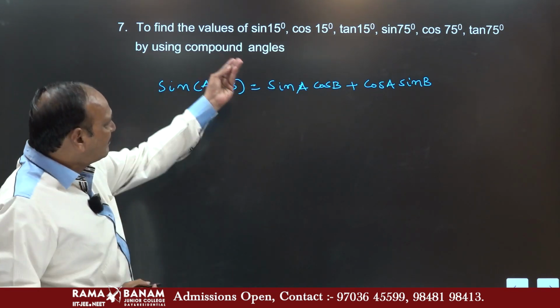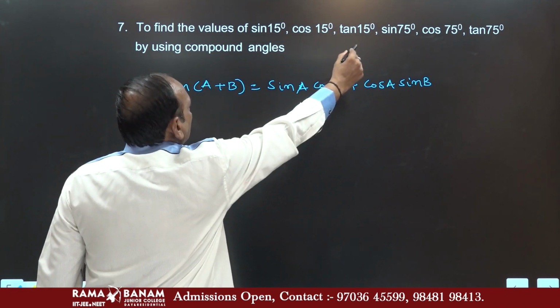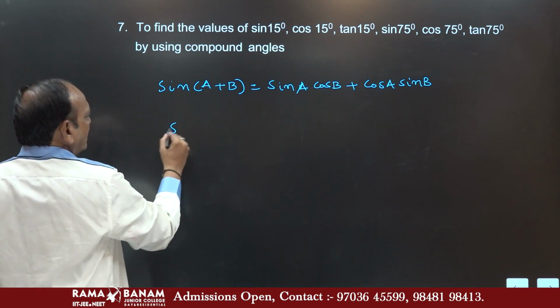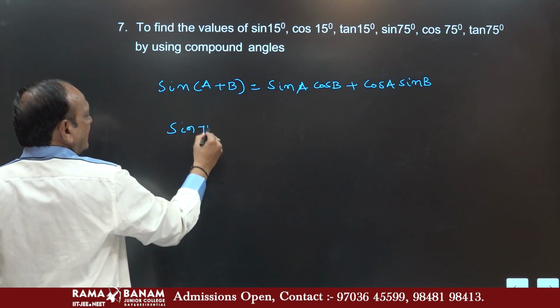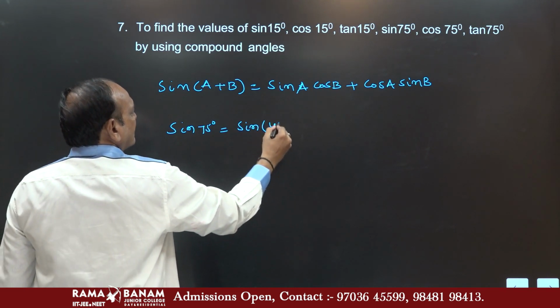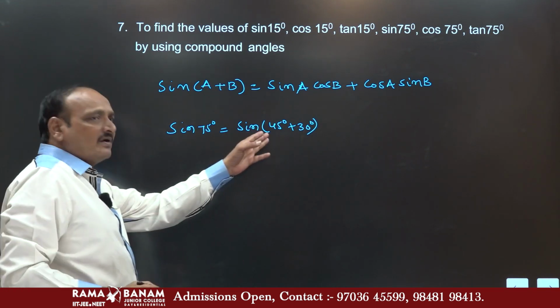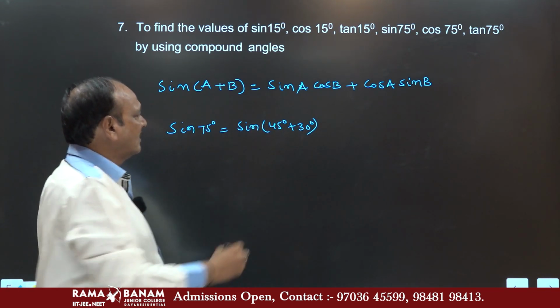Now by using a simple technique, I want to find sin 75 degrees. I can write it as 45 plus 30, because you know the 45 degrees angle and the 30 degrees angle.